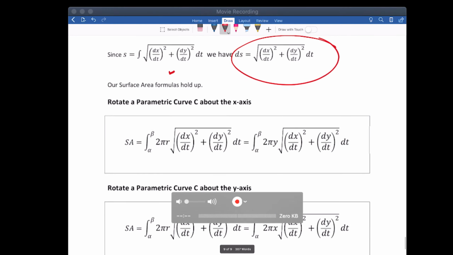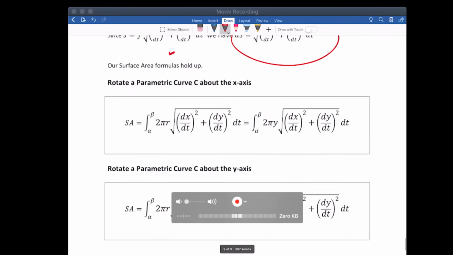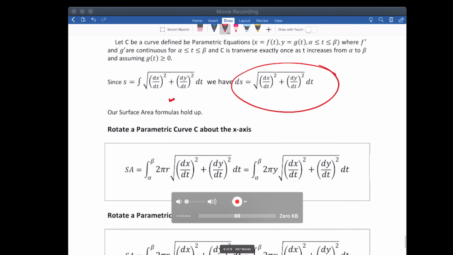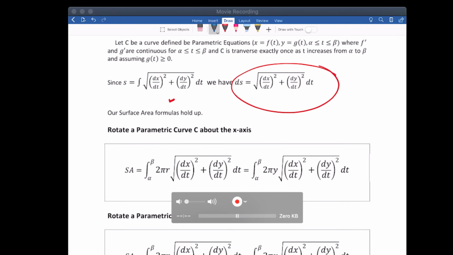And we can rotate now our curves about an x-axis or a y-axis. And again, you start with your trusty surface area, which is going to be the integral of 2 pi r ds. So we talk about ds because ds is applied here, right? This is what we're going to use for the ds.